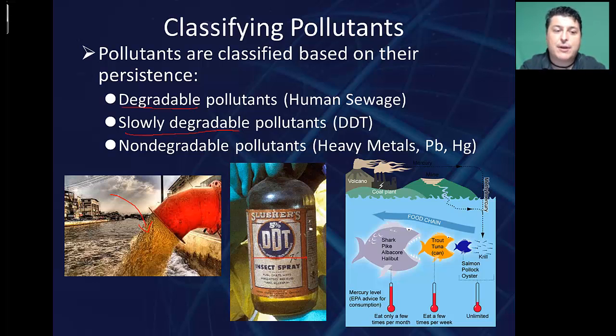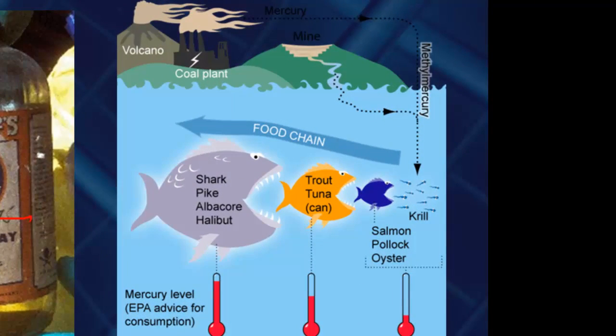Lastly, a non-degradable pollutant is one which is highly persistent and basically lasts forever in the environment. Heavy metals like lead and mercury are perfect examples of that. When mercury is added to the environment, either naturally or anthropogenically, it lasts in the environment, and it can actually increase in concentration as it moves through the food chain.